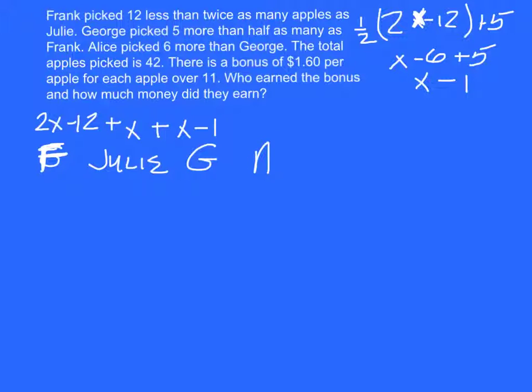And then we have Alice. Alice picked 6 more than George, so that should be an easy one. If I have 6 more than George, if I put a 6 to the right of this, what do I end up with? X plus 5 is right. So we have 42.